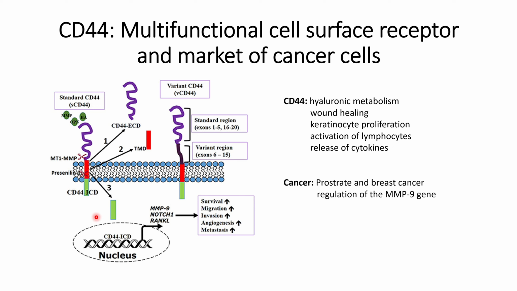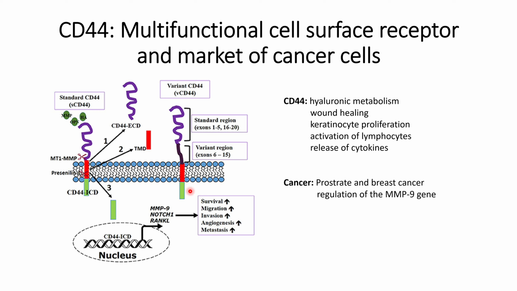The 16 kilodalton intracellular domain can then go into the nucleus and bind to the transcription factor that will trigger various, or trigger epigenetic changes and affect the genes that are responsible for survival, and that could be one of the factors that contributes to cancerous cells. So we will discuss this in a later part of this video.